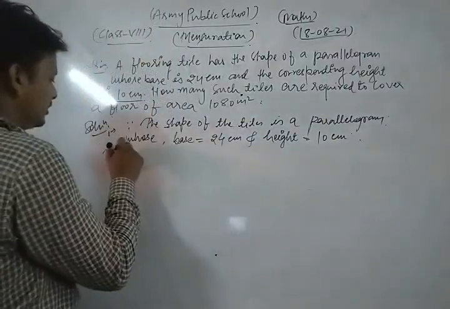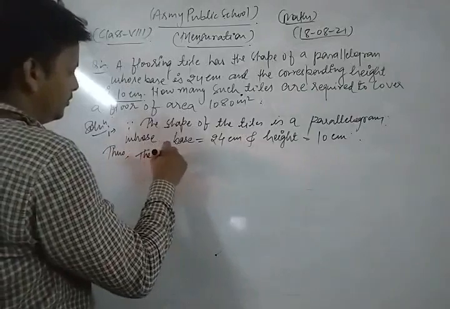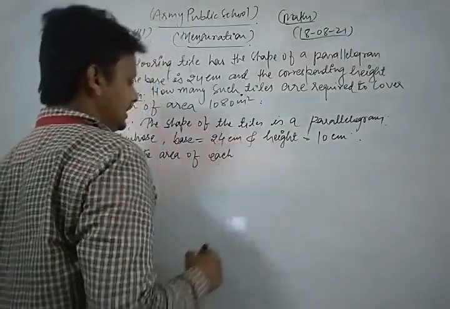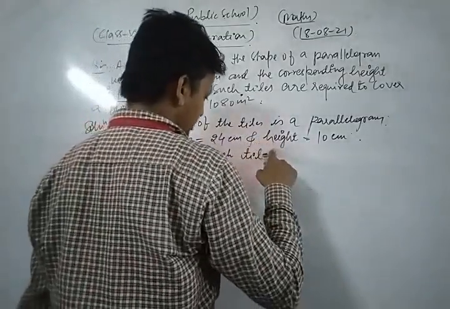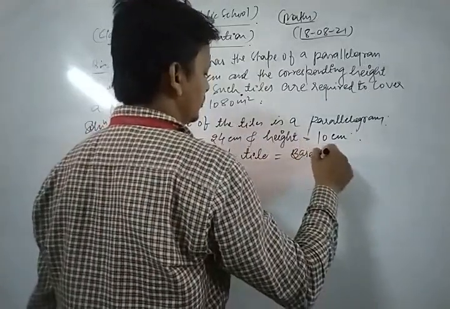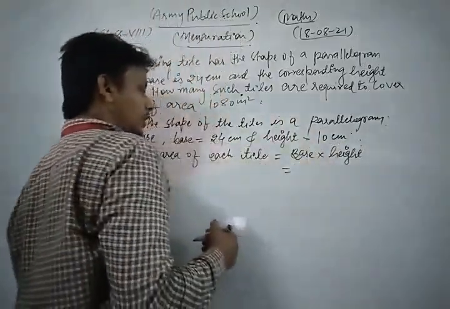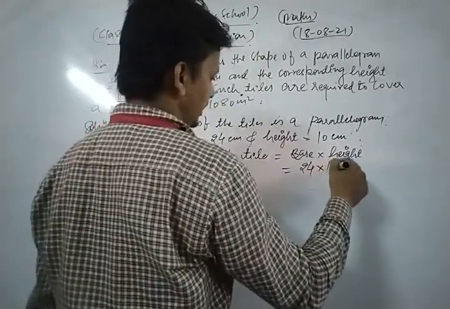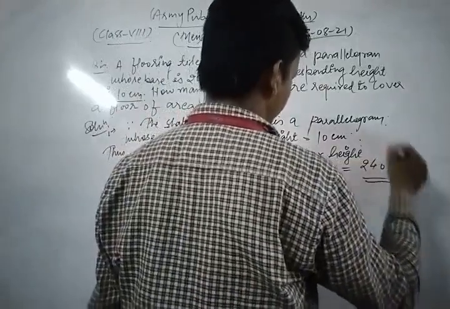Thus, the area of each tile is base into height. That is, base is 24 and height is 10. This is 240.